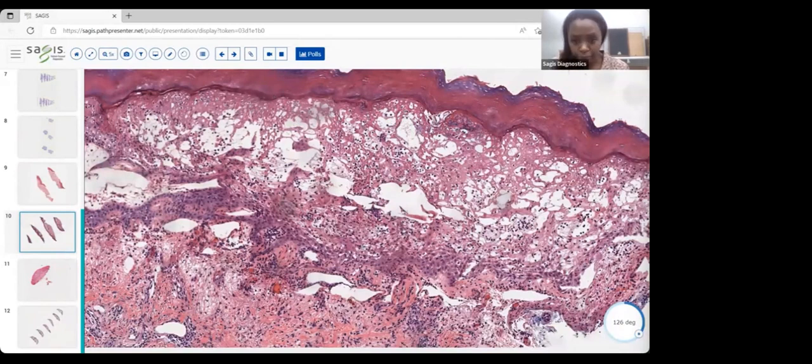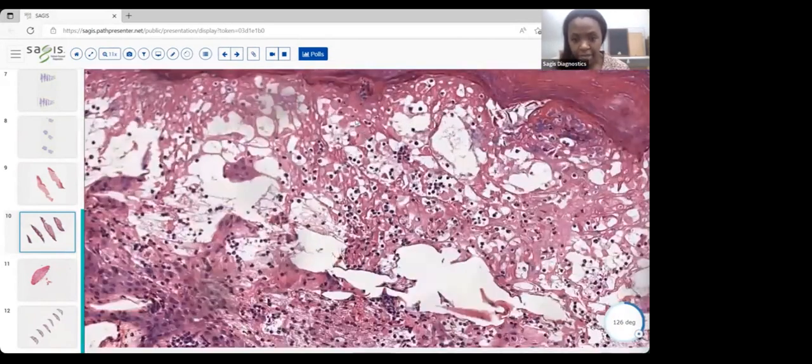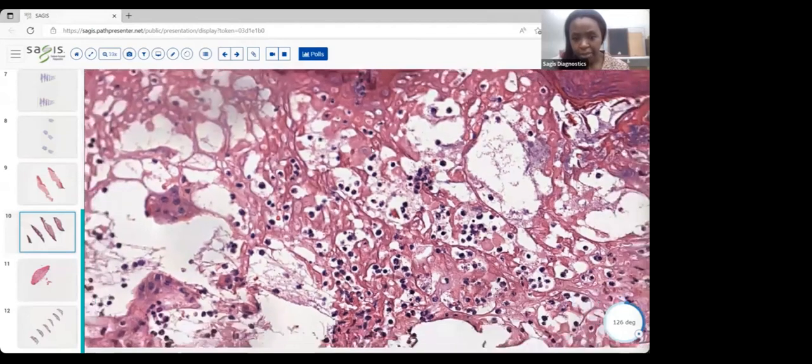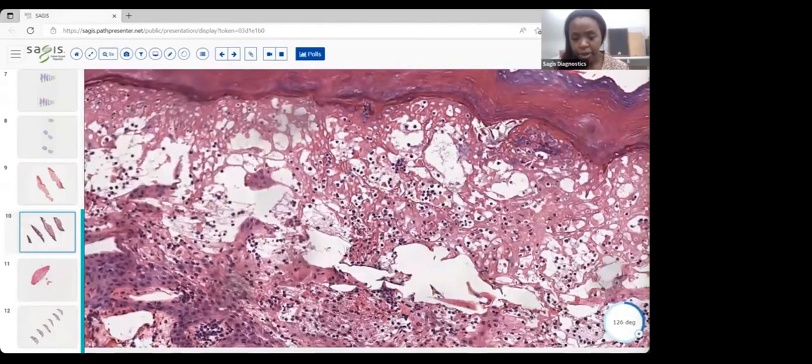So taking a look at one of those epidermal edges, we appreciate that our keratinocytes are really enlarged. They have some clear areas, clear cytoplasmic areas. This is all intracellular edema, as well as intercellular edema that we're appreciating. Okay, so that balloon degeneration that's occurring. And you can see that there is a dense inflammation.